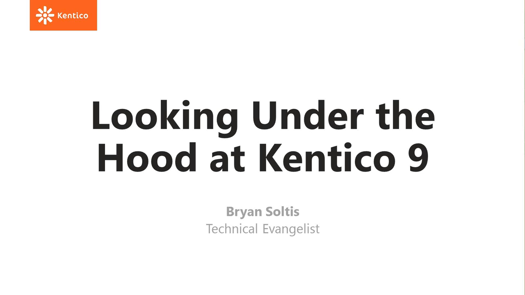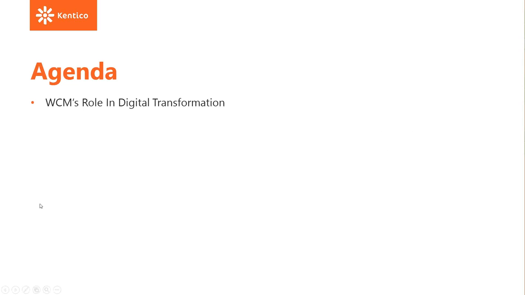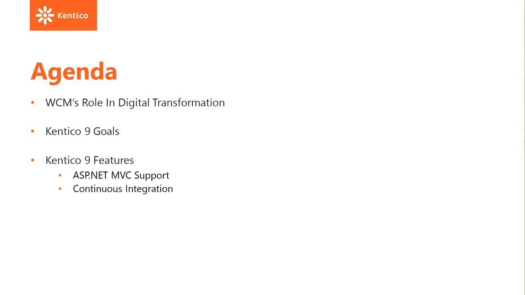In this particular webinar, I'm going to go through some of those major features and show you some examples of how you can leverage them within your applications. As a rough outline, I'll talk about where web content management systems fit in this digital transformation that's happening across all industries and everywhere in the world.